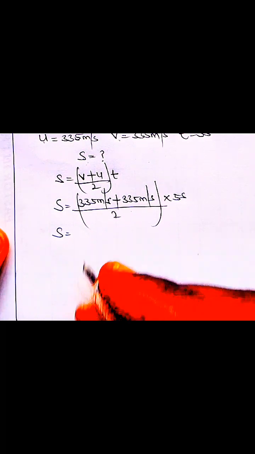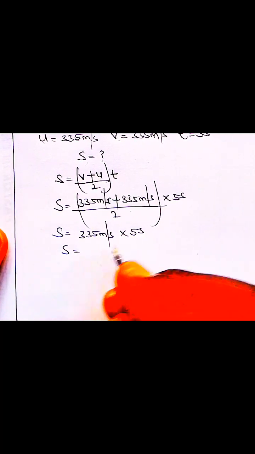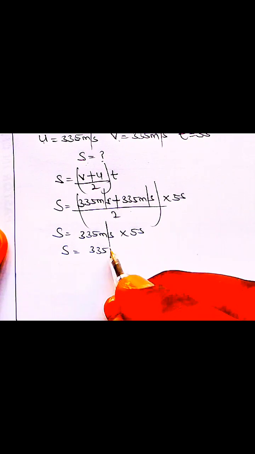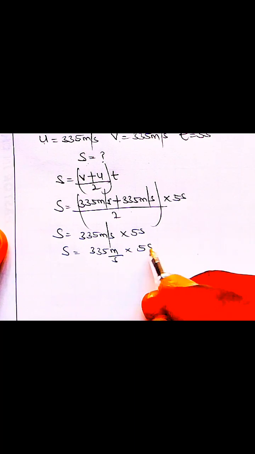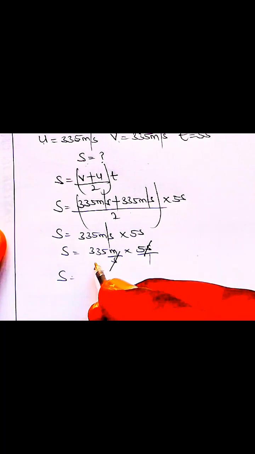If you divide it by 2, you still get 335 meters per second, then times 5 seconds. Seconds cancel seconds. So the distance is 335 times 5.